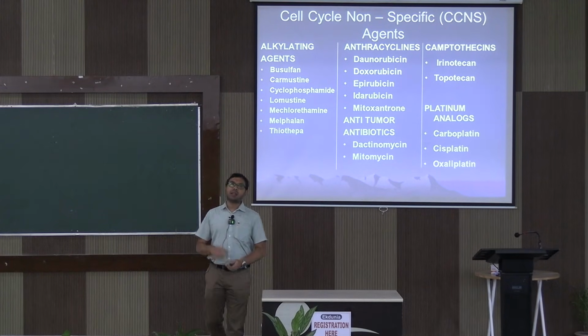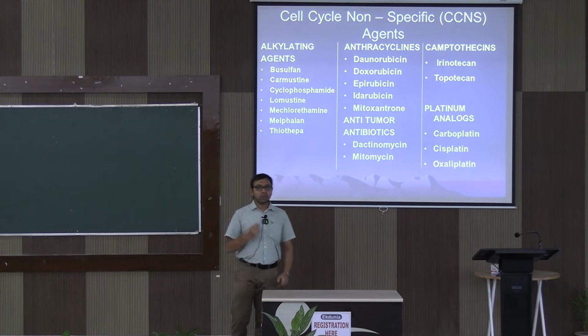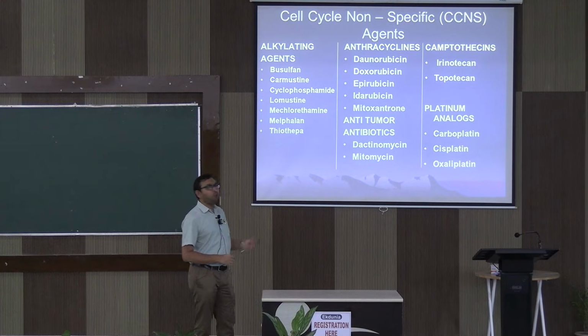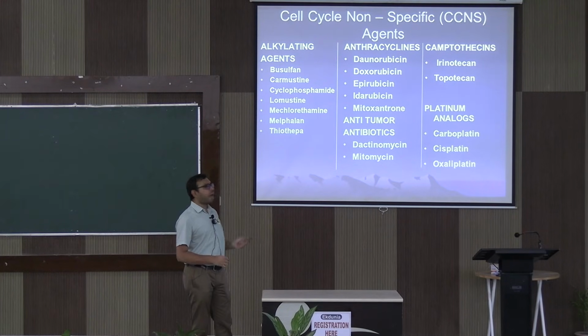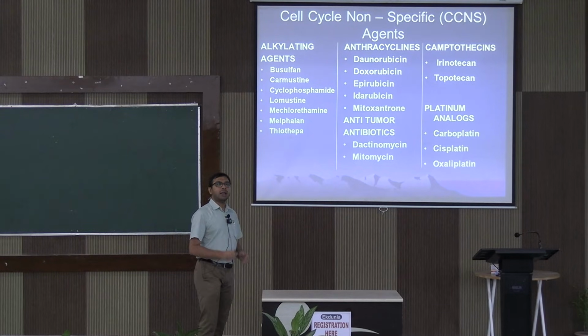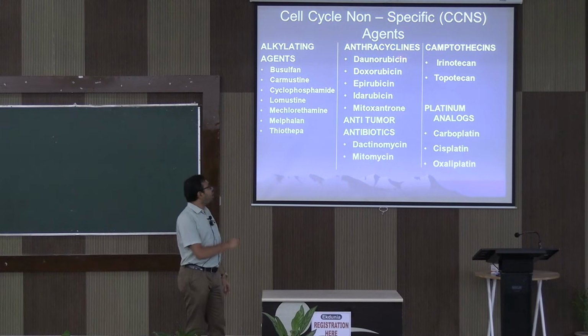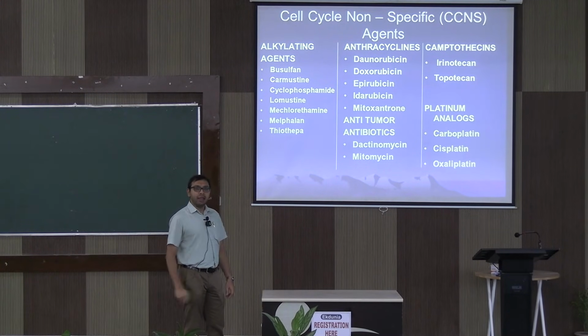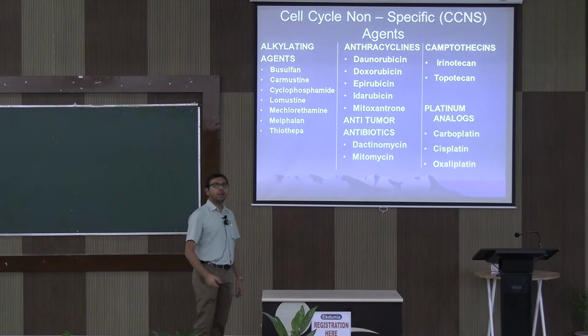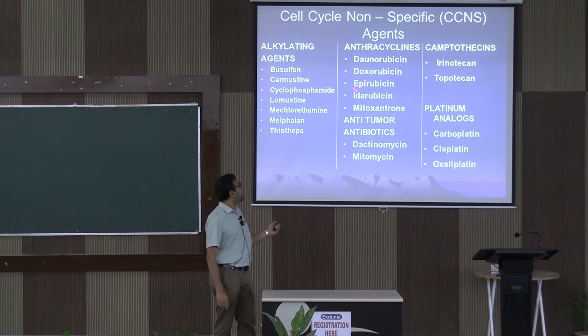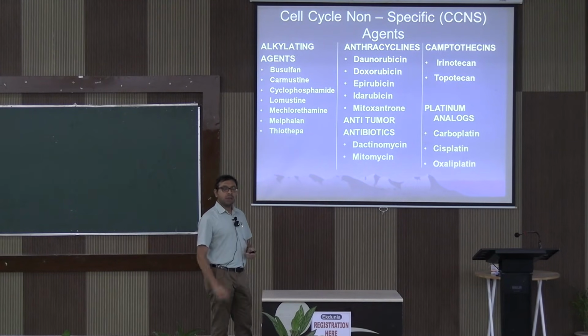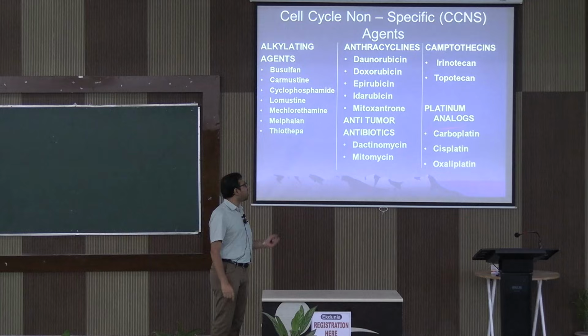Alkylating agents are the first chemotherapeutic drugs that were discovered. Examples are busulfan, carmustine, cyclophosphamide, very commonly used, lomustine, mechlorethamine, melphalan, thiotepa. These are the alkylating agents. These are cell cycle non-specific drugs. Next, coming to the anthracyclines. Examples are doxorubicin, daunorubicin, idarubicin, mitoxantrone. These are also cell cycle non-specific drugs.